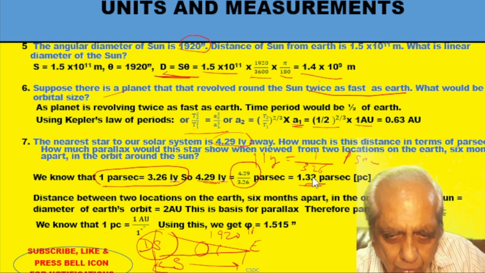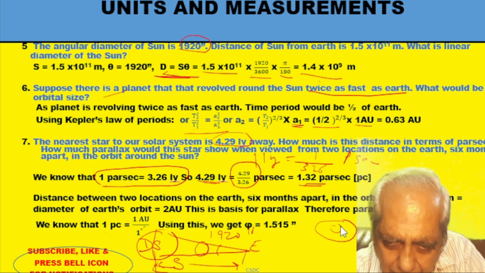Now I know this. Then what he says is, how much parallax would this star show? So he is asking theta. When we observe from two locations on Earth 6 months apart, as I have shown, this is the Earth's orbit, and this is the Sun in between.